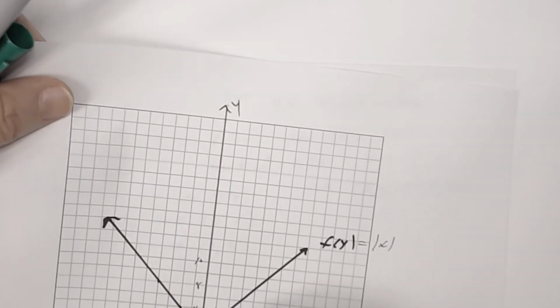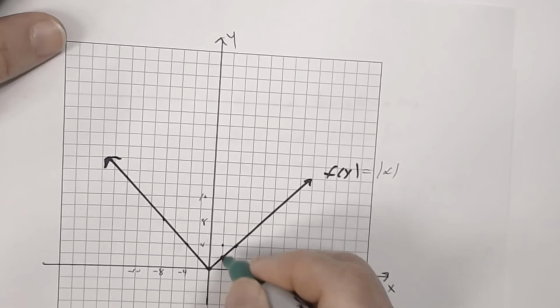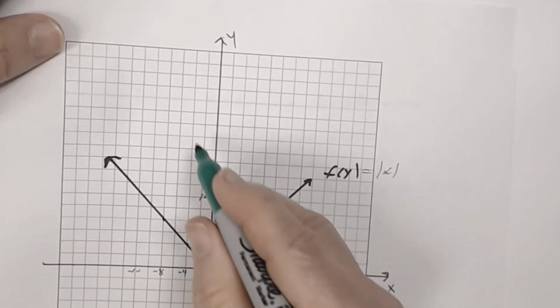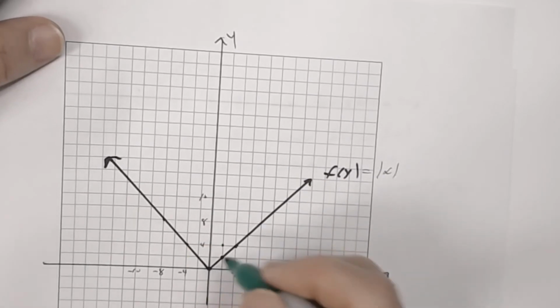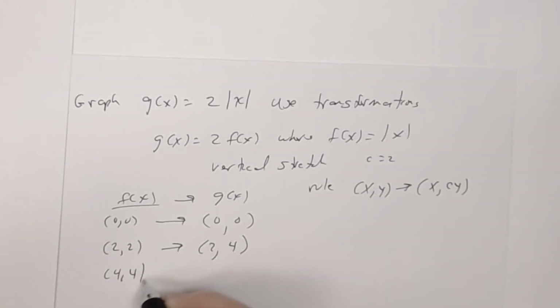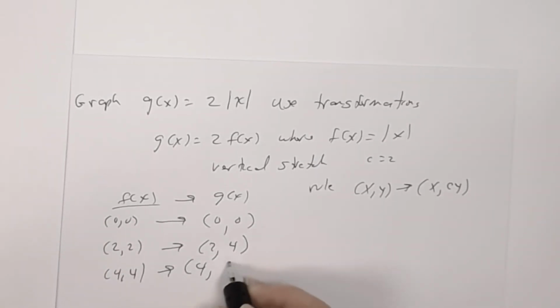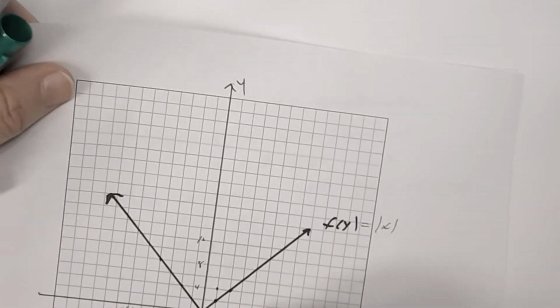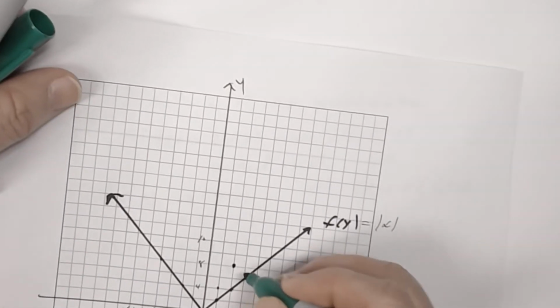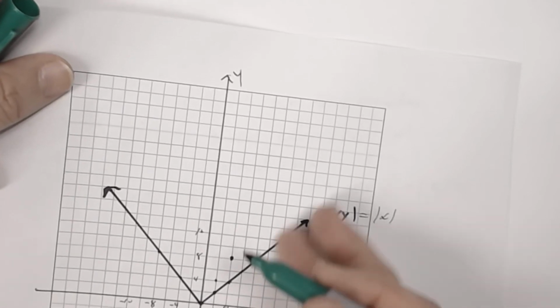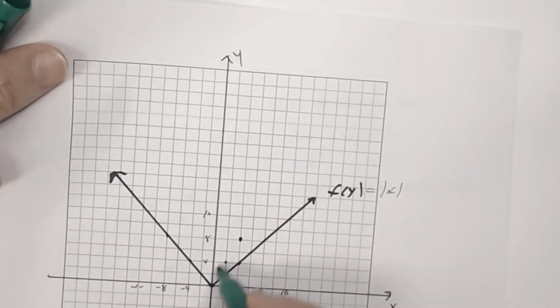So you see how this point's moving away? I'm moving it away from the x-axis. I'm stretching it. So it's going to become narrower. Okay? The point (4, 4) becomes (4, 8). So I get this. And you can continue on, but you don't need to do all this, because these are rays.